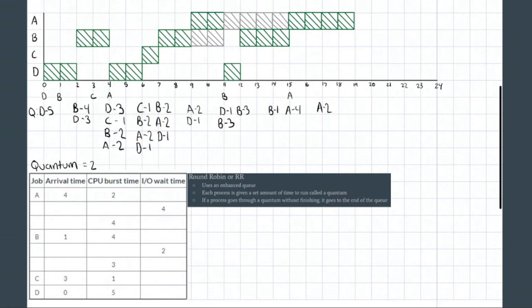So after that, A gets its wait time of 4, and so we gray that out. And for that time, A was not in the queue. But after the grayed out part at time 15, A gets put back in the queue, which is why we wrote A4 since it has a burst time of 4. And the same thing for B.